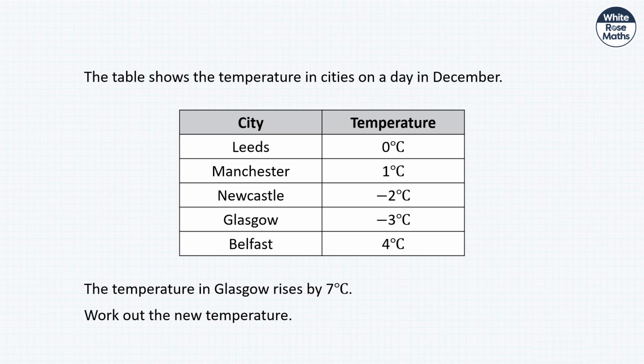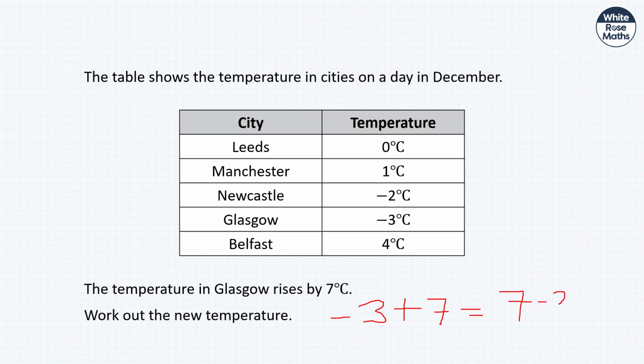This next one, the temperature in Glasgow rises by 7 degrees. Work out the new temperature. So we're starting at minus 3 and we're adding 7. Now with these sums, there are other little tricks you can do. That's the same as saying positive 7 subtract 3.